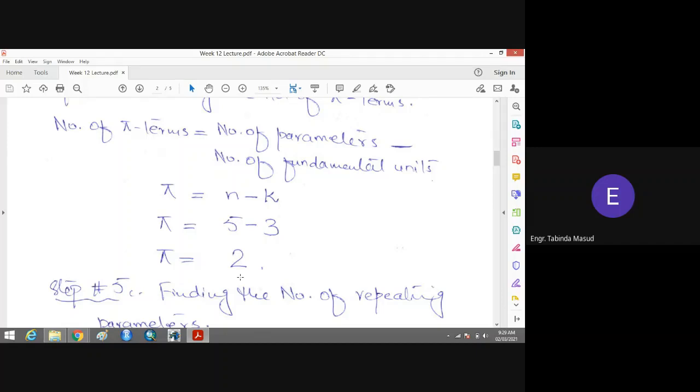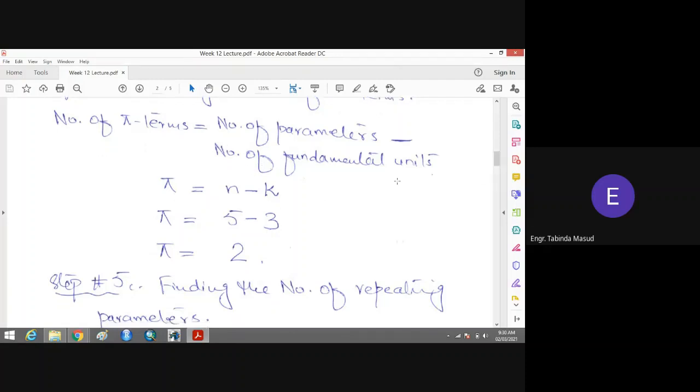We will place our parameters in these 2 pi groups. So this is how you can find the number of pi groups or pi terms. This is the formula: number of total parameters minus number of fundamental units.